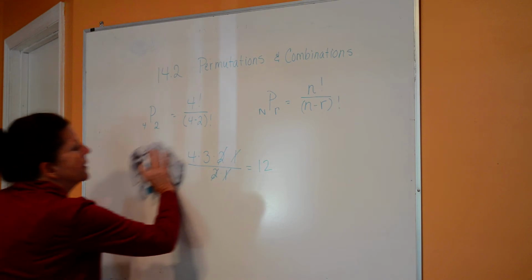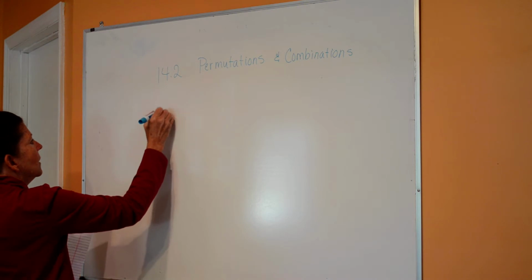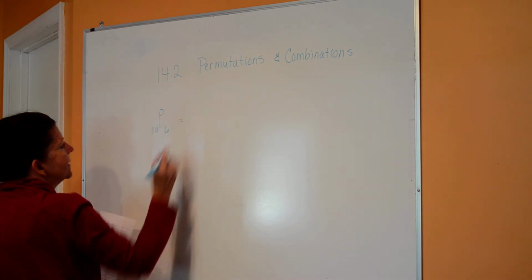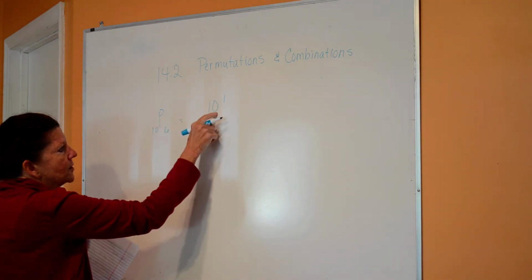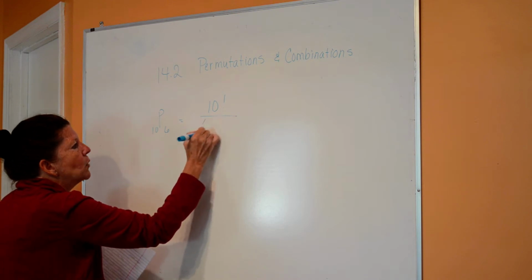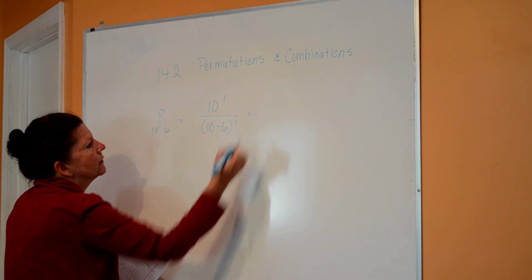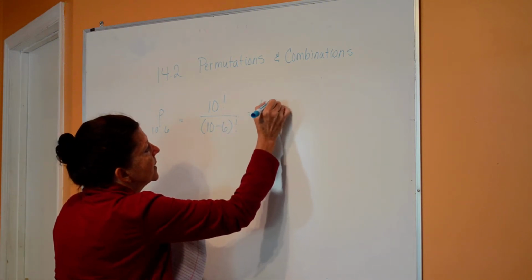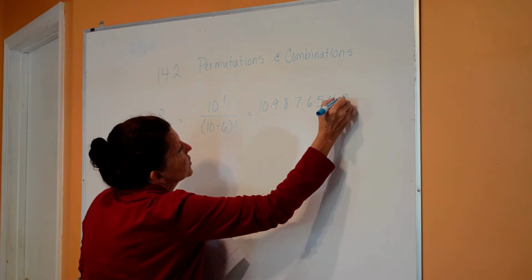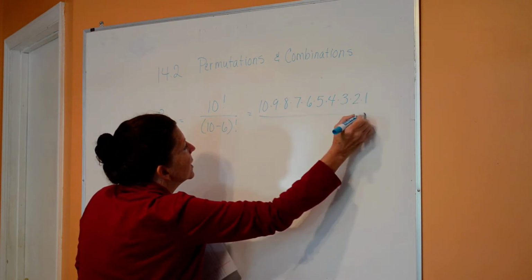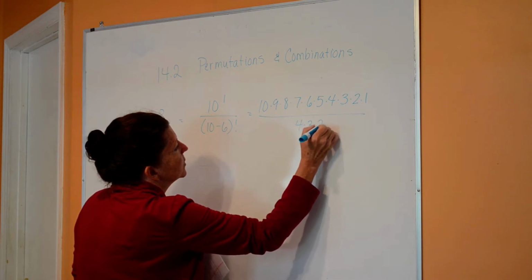Let's do one that's not a word problem. Let's say we have the permutation of 10 things taken 6 at a time. That is the same as saying 10 factorial, because it's this first thing factorial, and then I'm going to subtract 10 minus 6, this minus this, factorial. If I write it out, that's 10 times 9 times 8 times 7 times 6 times 5 times 4 times 3 times 2 times 1, and on the bottom I have 4 factorial, which is 4 times 3 times 2 times 1.